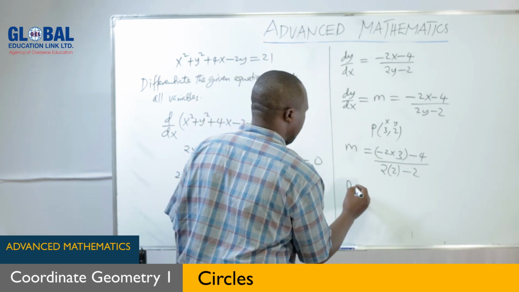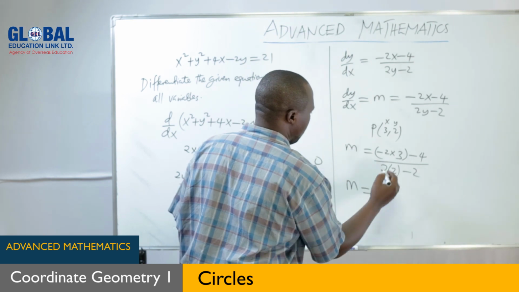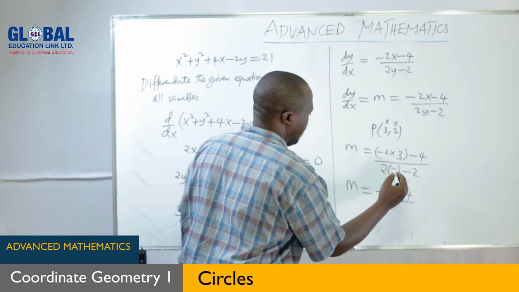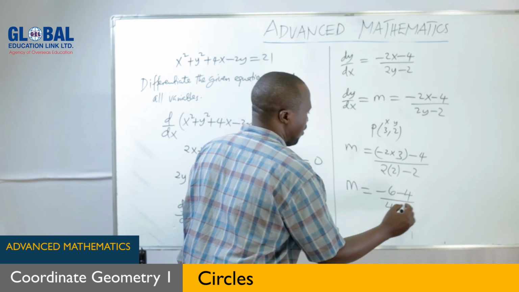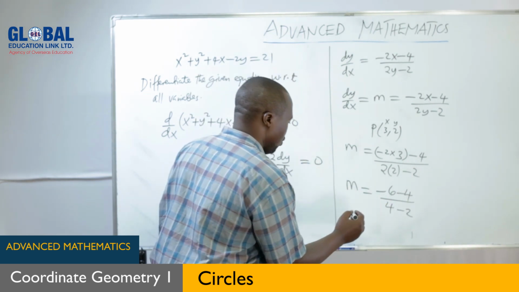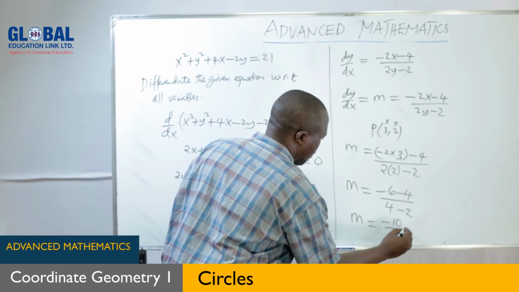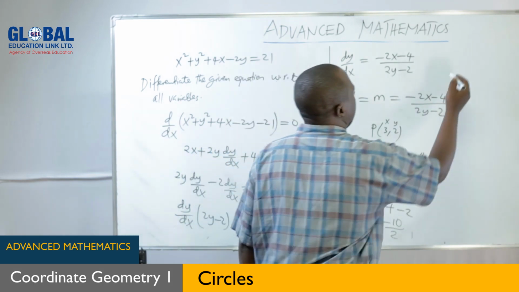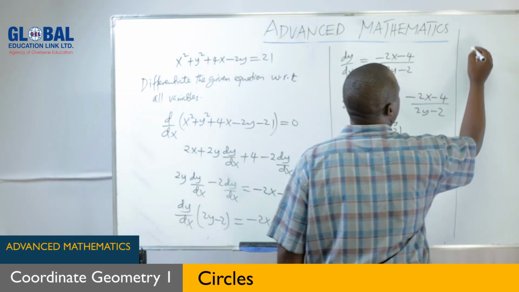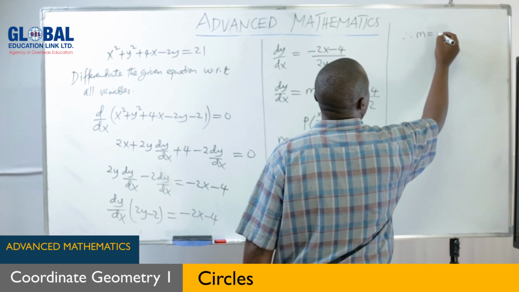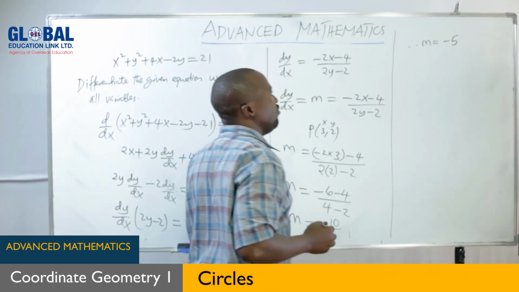So here m is equal to negative 6 minus 4 over 4 minus 2. So m is equal to negative 10 over 2. That is, the slope of the line is equal to negative 5.